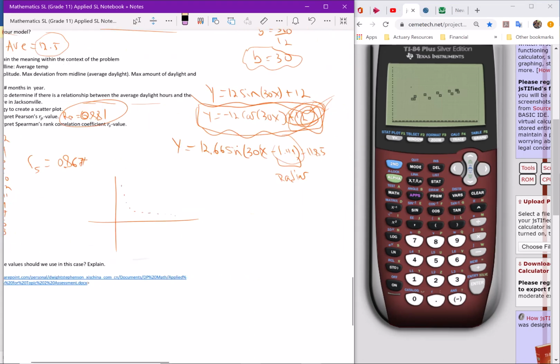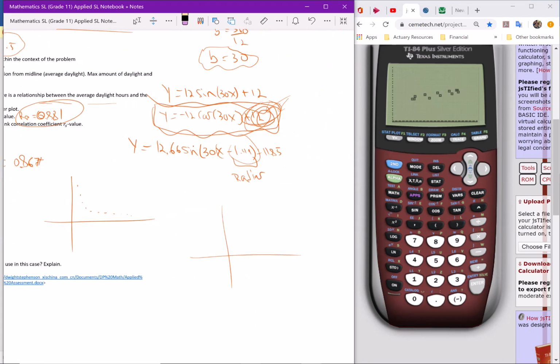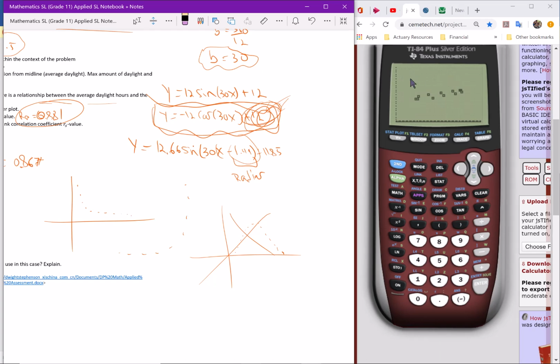But I cannot use Spearman if it's not monotone. If it goes up and then comes back down, I cannot use Spearman's on this, because Spearman's is only if it's always decreasing or always increasing. So don't ever use Spearman's on nonlinear like this. But any other nonlinear that always goes up or always goes down is fine.